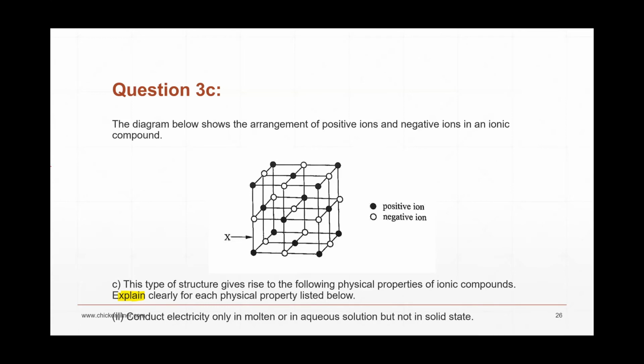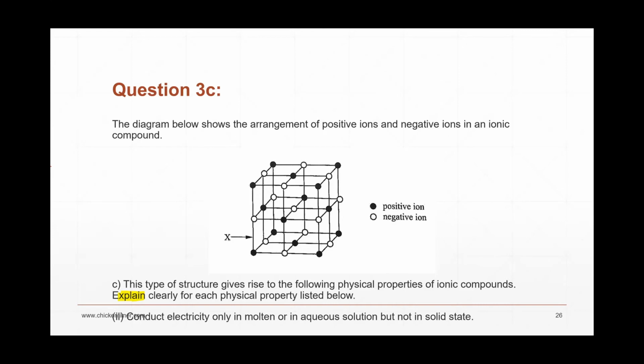In molten or aqueous state, the giant ionic lattice structure is broken down, causing the ions to be free to move about and conduct electricity. That is why it conducts only in molten or aqueous state, but not in solid state.